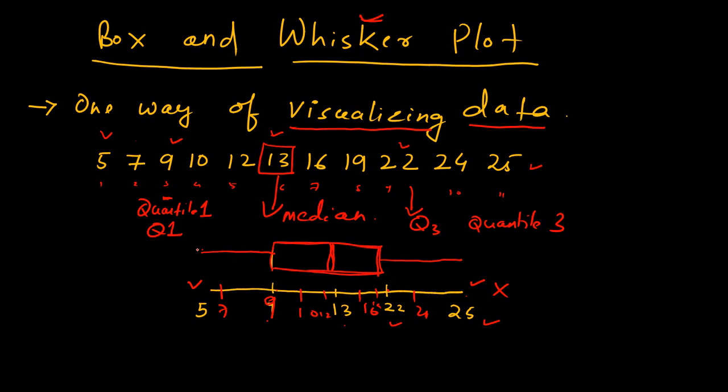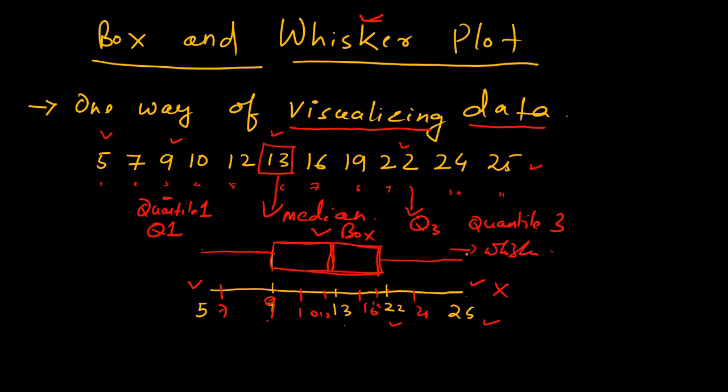So whiskers are nothing but the lines stretching from the lowest number to the Q1, and then from Q3 to the highest number. Okay, so from the first number to quantile 1, we create one line, and then from quantile 3 to the last number we create another line. So these are known as the whiskers, and then we have created the box, hence it's known as box and whiskers.